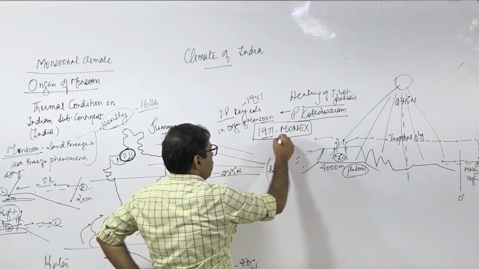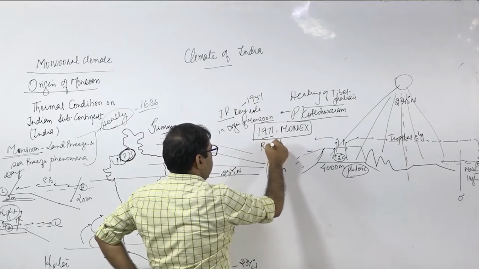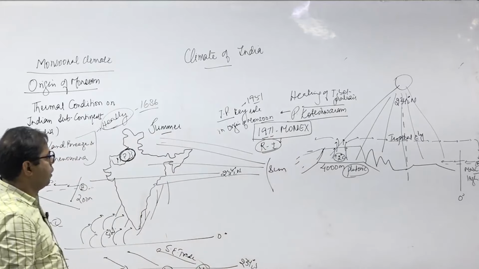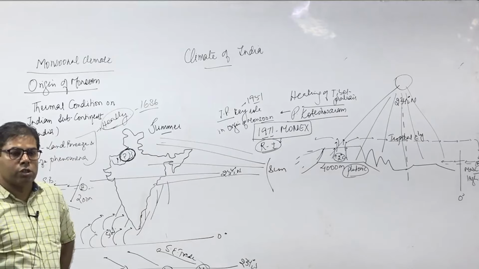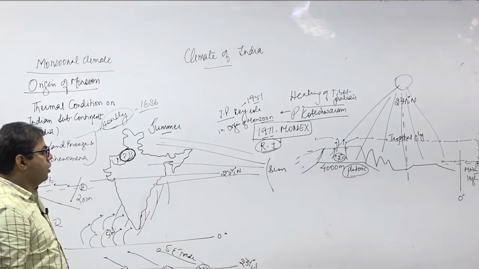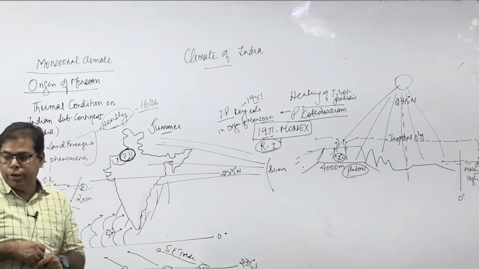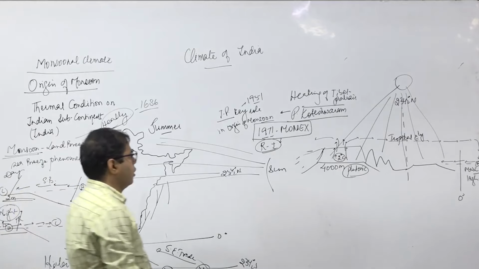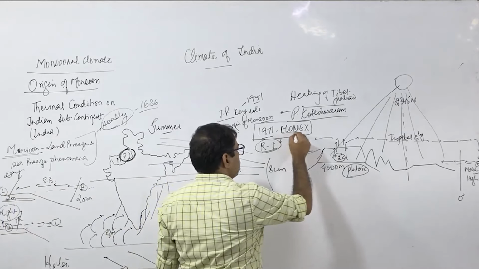In 1971, Russia and India conducted a collaborative expedition in the Indian Ocean, collecting temperature and pressure data at different locations over the Indian Ocean. That is called MONEX, the monsoon expedition.